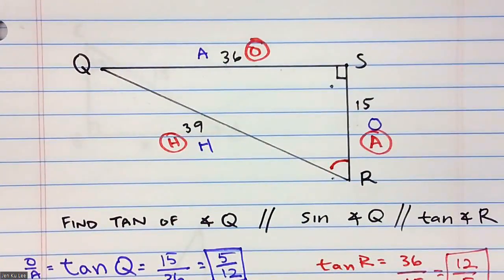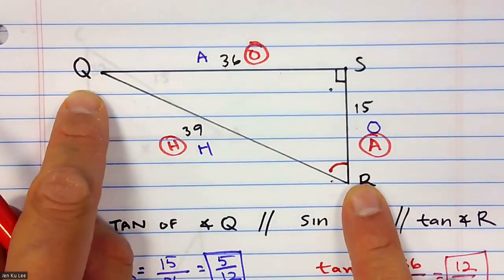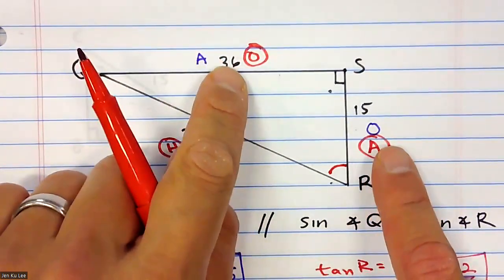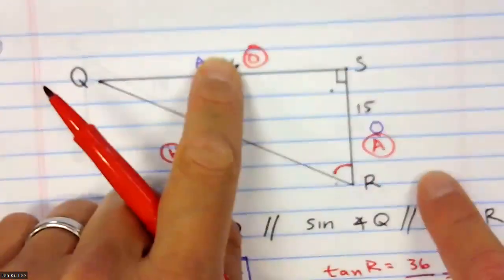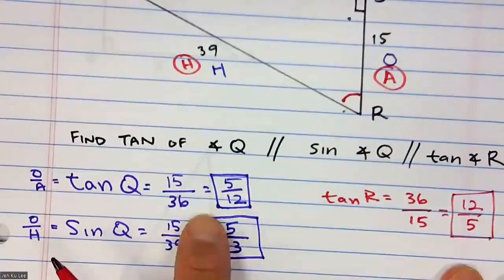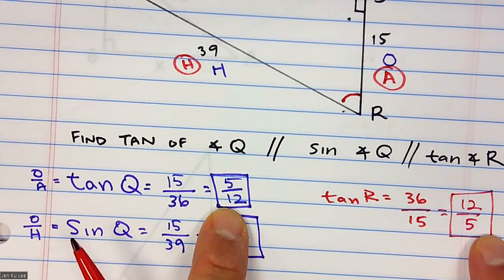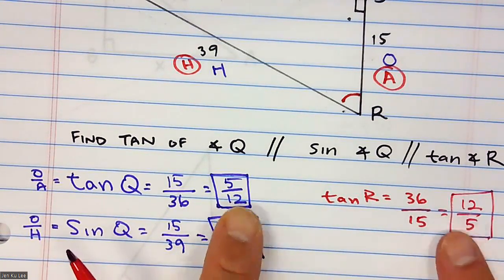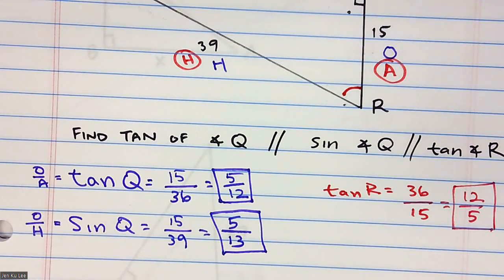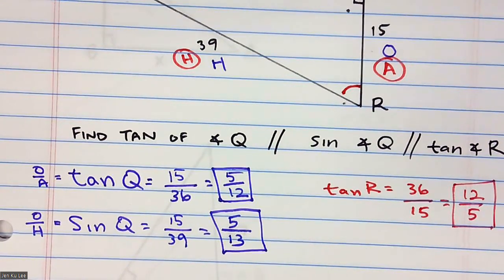Notice from angle Q and angle R, right? My opposite and my adjacent sides, they just flip, correct? So my tangent ratio flipped as well. Cool? So there's a relationship there that I just wanted to kind of cover. All right?